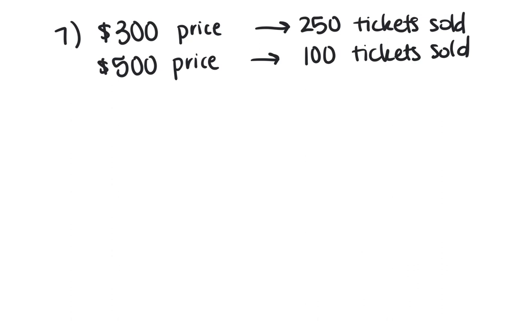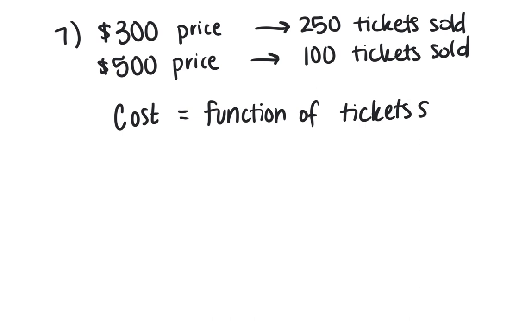So if we want to make an equation based on the cost equals some function of tickets sold, we need to take the tickets sold and connect that back over to our price.